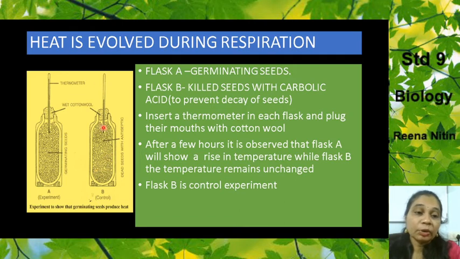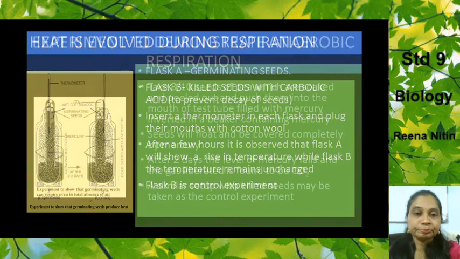Heat. Now, heat is absent in this. Heat is present in this. So, where it is absent, that becomes a control experiment. So in this case, control experiment is B because the parameter that is under study, that is heat, is absent in this experiment. So by this experiment, we have proved that heat is evolved only during respiration.